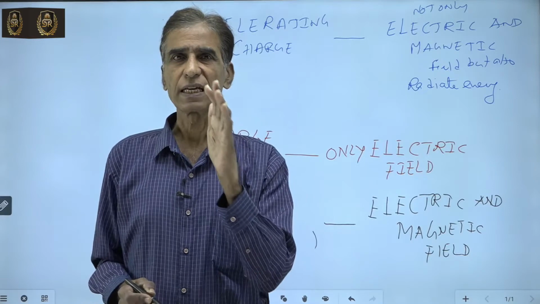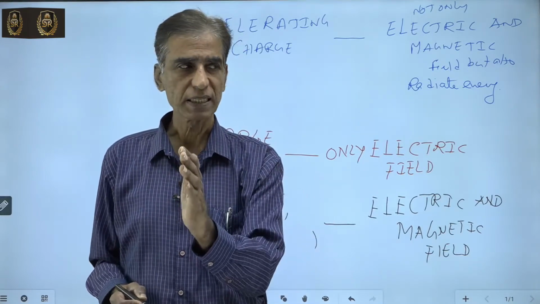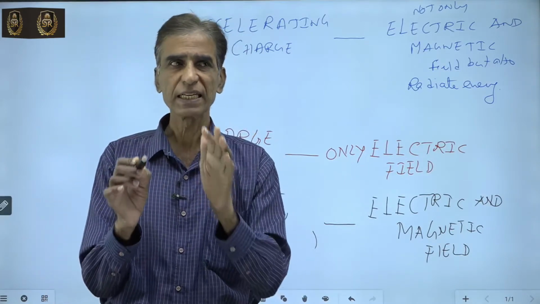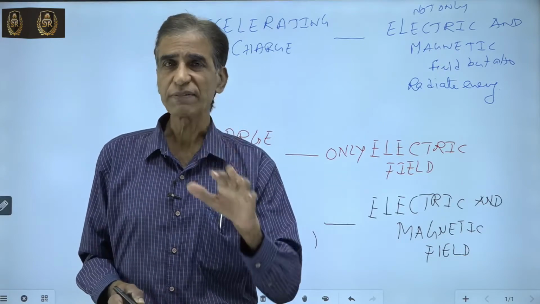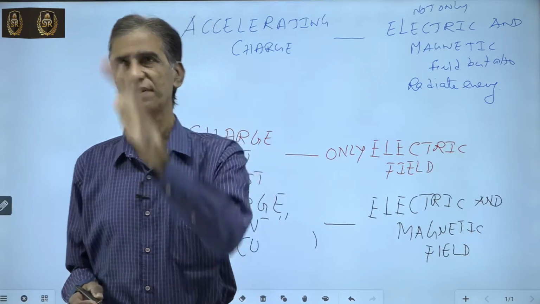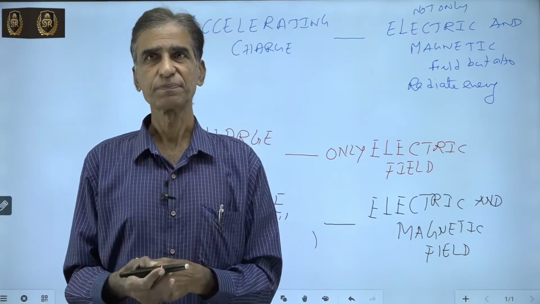Electric property is a different entity and magnetic property is a different entity. There is no relation between electric and magnetic effects, that is, they are entirely different.